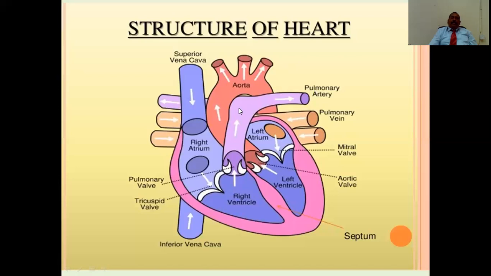This pulmonary artery divides into the right pulmonary artery and left pulmonary artery, and takes the blood to the lungs for absorption of oxygen. The blood absorbs the oxygen, and this oxygenated blood is again transported through the pulmonary veins into the left atrium.